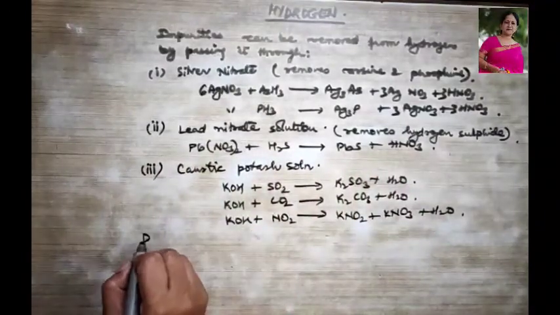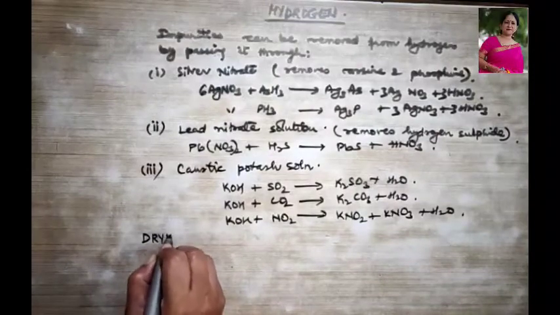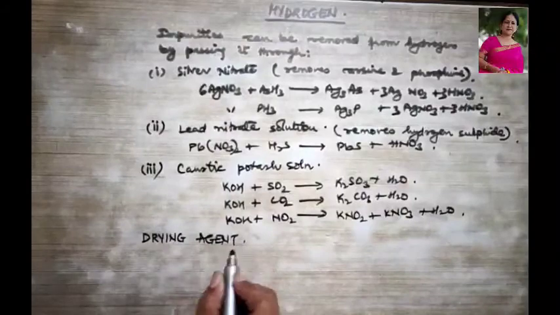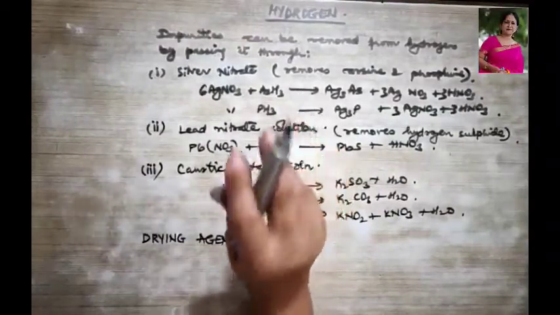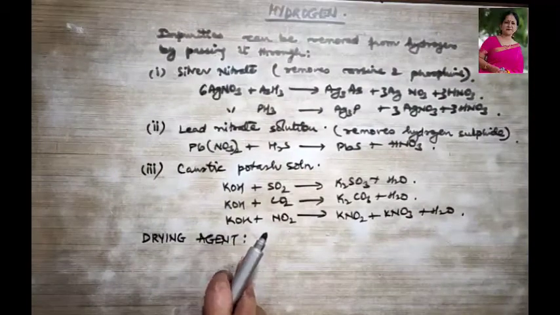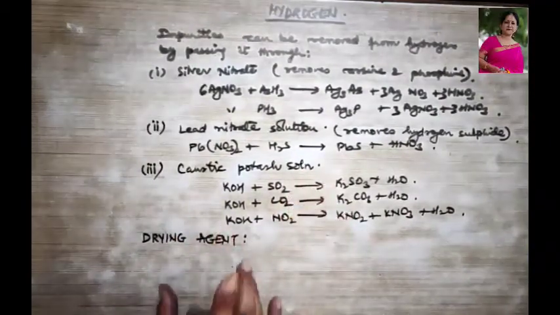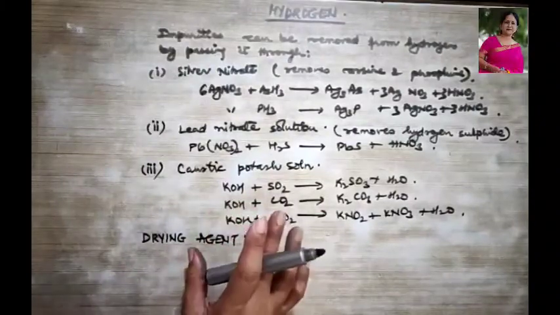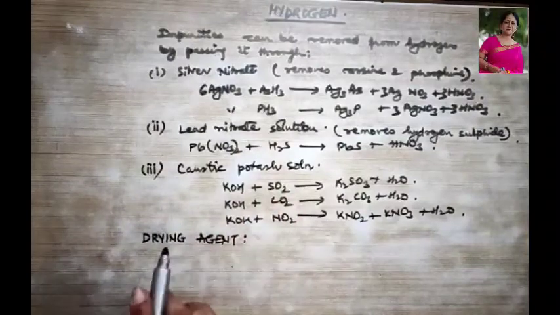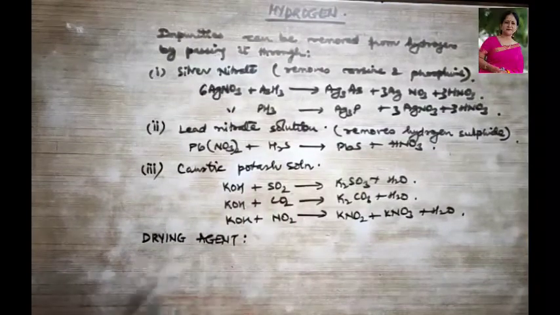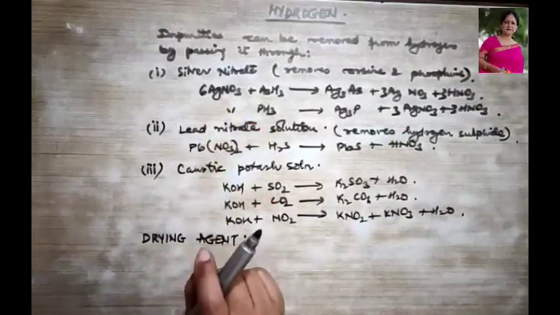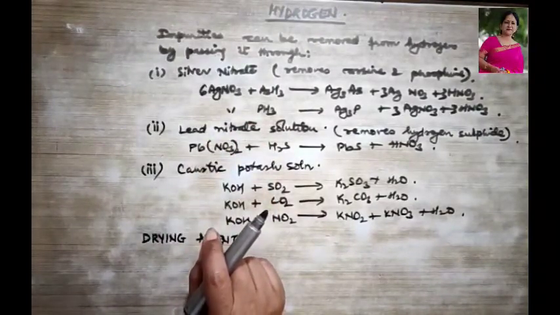Now next we talk about what the drying agent used over here is. Since this gas is collected over water, moisture is present in the gas and we need a dry gas. So how can we obtain a dry gas? By passing that moistened gas through a drying agent. Which drying agent do we use to get pure dry hydrogen?